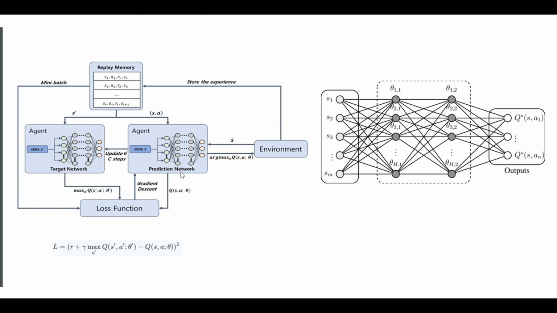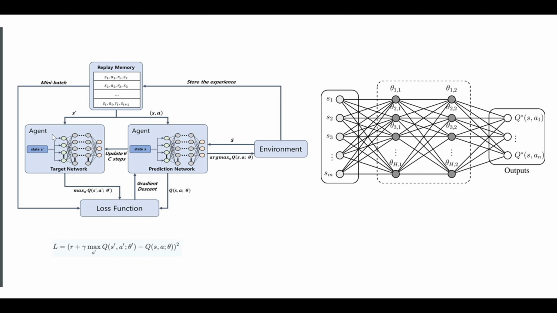One is called the prediction neural network. Another one is called the target network. Initially, they're identical, right? The prediction network is used to output the Q value for each action based on the observed state, right? So that's basically how the agent picks the action to take.